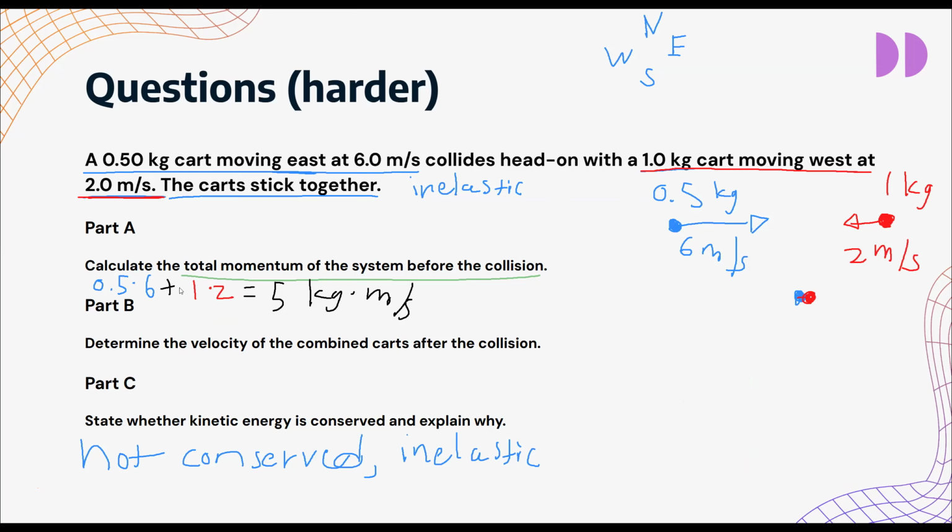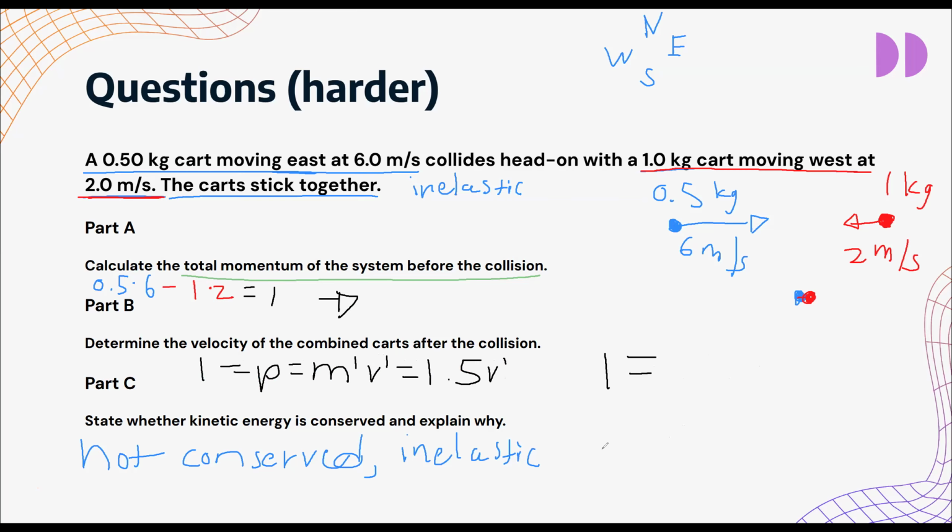So it'll be 0.5 times 6 plus 1 times 0.2. But this is actually going to be negative here. Sorry. So the total momentum is actually just going to be 1, traveling in the positive direction. So we know 1 equals P equals the combined mass after the collision times the velocity after the collision. And we know the mass after the collision is 1.5 times the velocity.